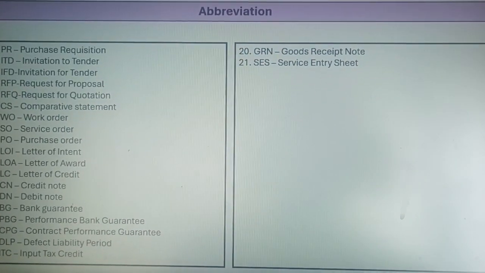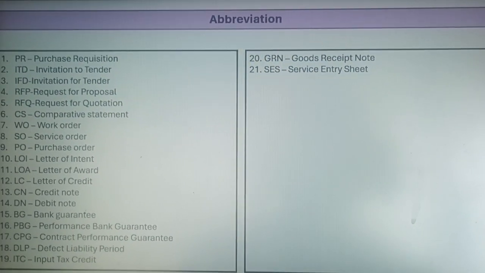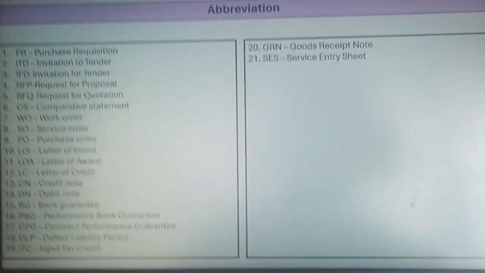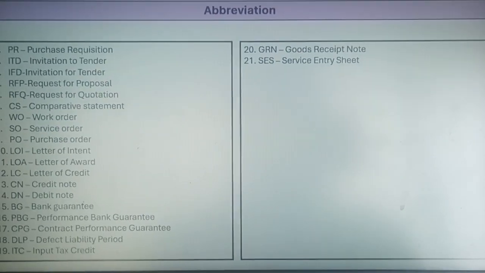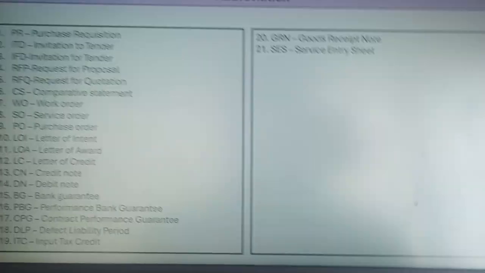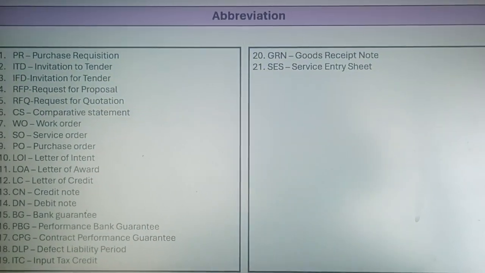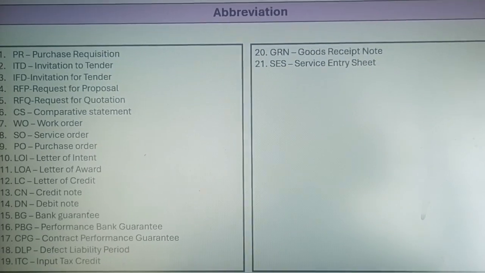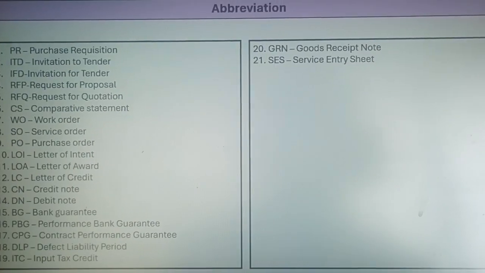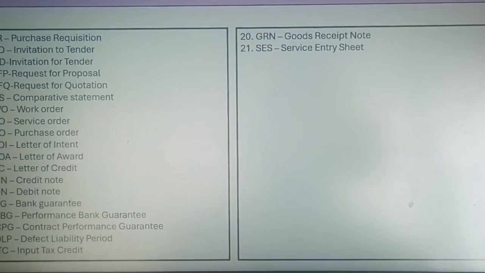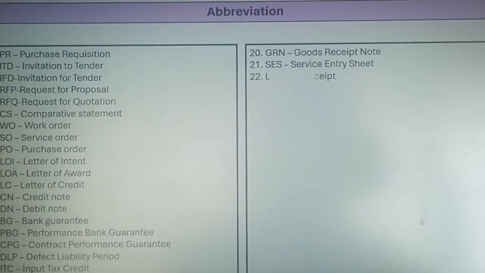Every month, whatever work the contractor did, they raise their invoice at the end of the month, and accordingly the user department makes the service entry sheet as per that month's consumed quantity.